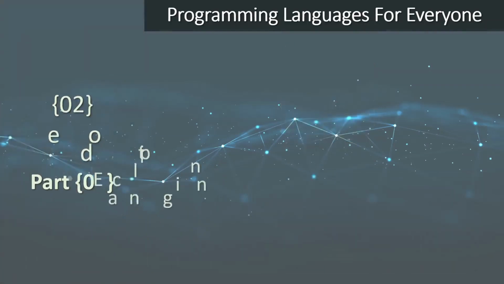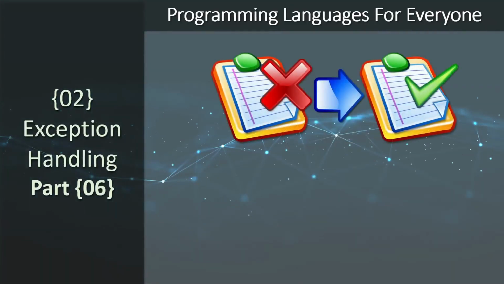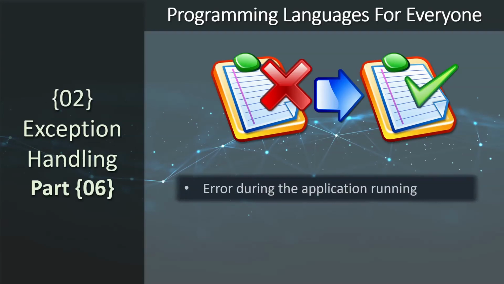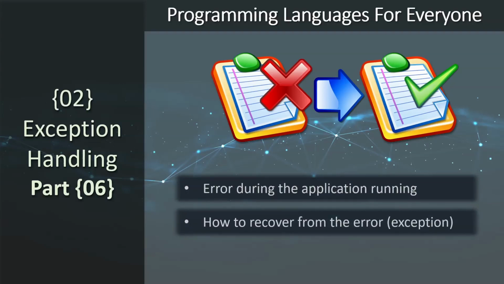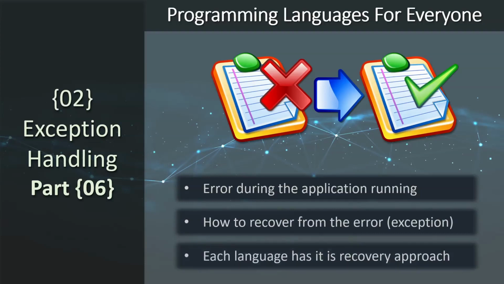We get into exception handling. Exception handling is about errors during the application running. Your application is running and something unexpected happens, and you should recover from this exception or error. That's why it's called exception handling. You handle the recovery. Also, each language has its own way of recovering from the exception.